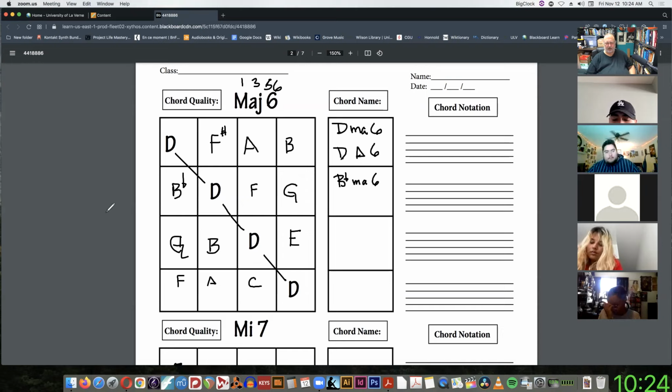Okay. How about Melanie? Can you figure out this one? In G major, nothing changes. Right. What else were you thinking? Okay, Kalani on that one, last one there.